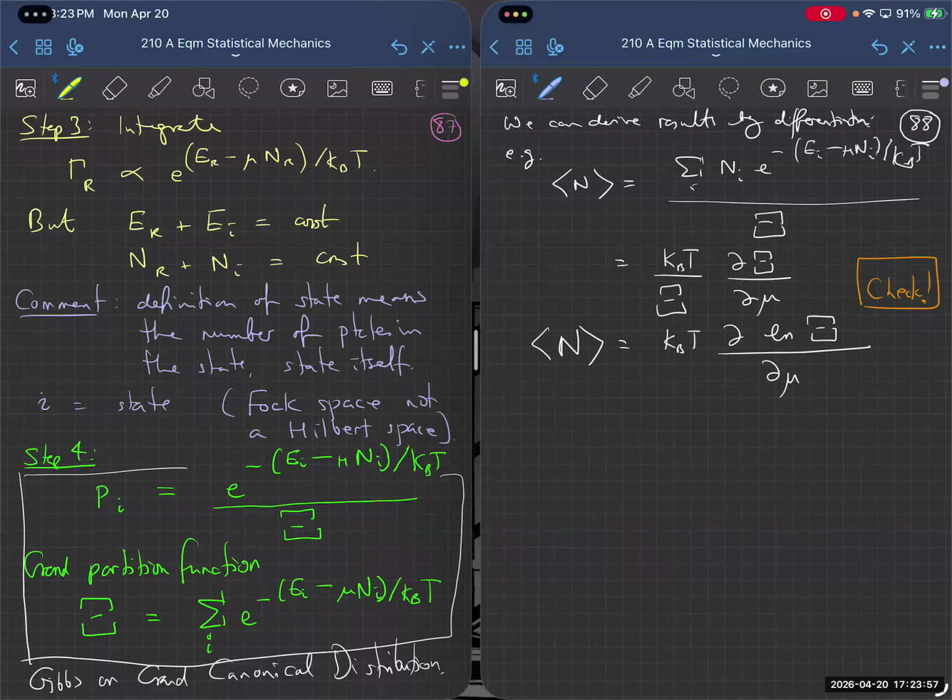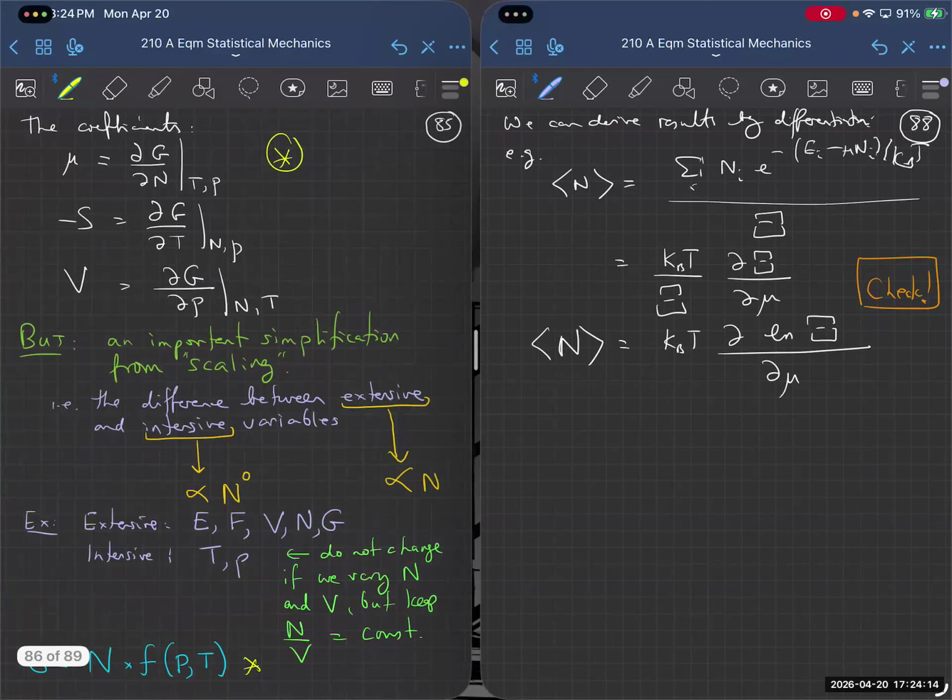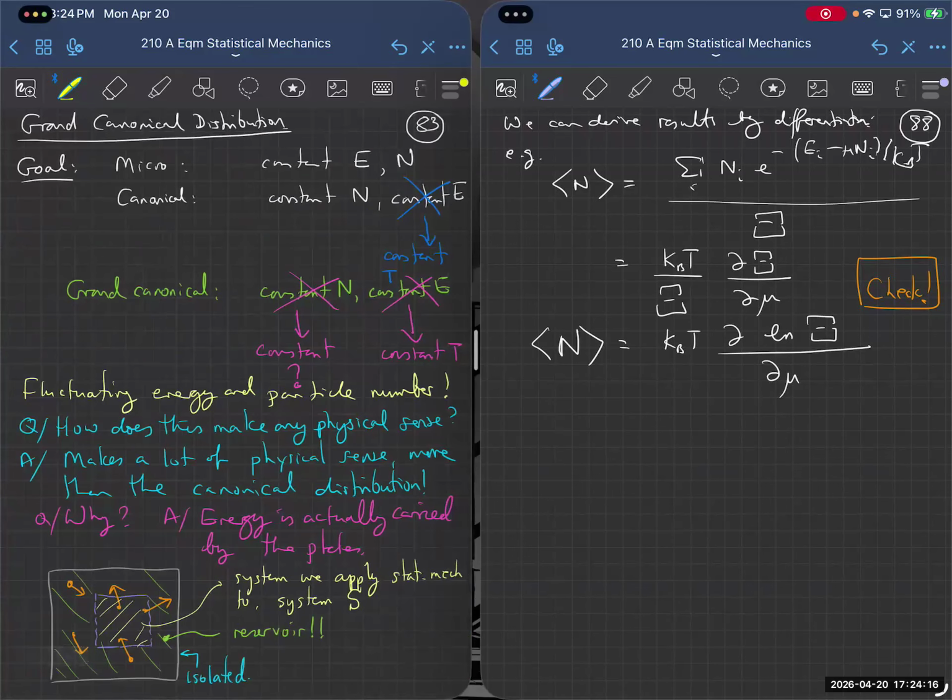I've told you now what the grand canonical distribution represents physically. Remember, I told you there are two things that I'm going to tell you which will make sense. The first thing is, what do all these different distributions mean physically? And the answer to that is in this picture here on the bottom of the left-hand panel. That's the picture that you put on your cheat sheet for an exam.